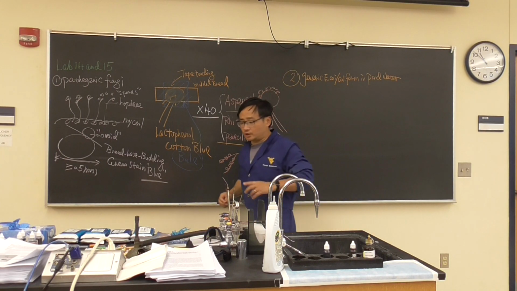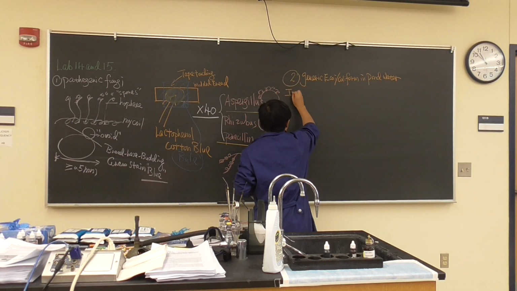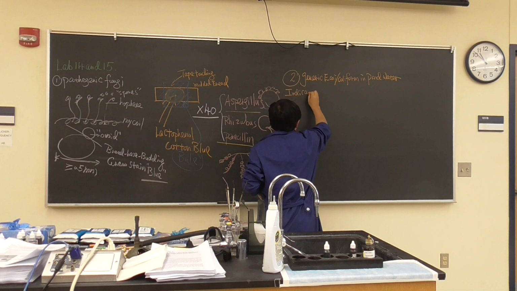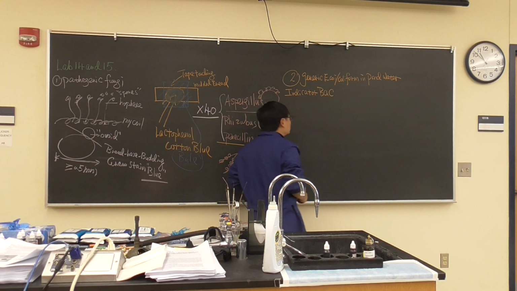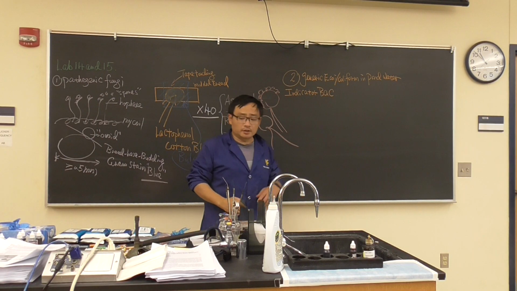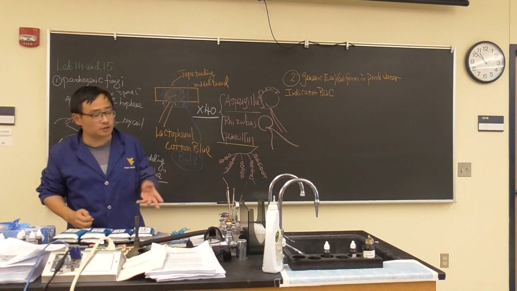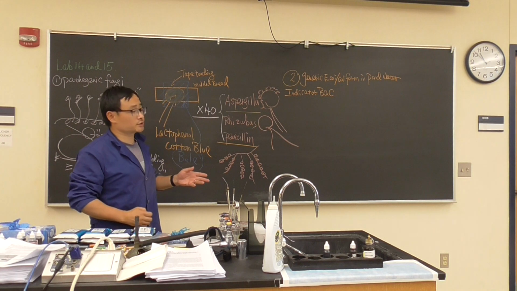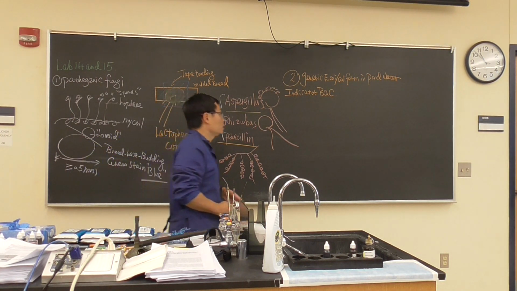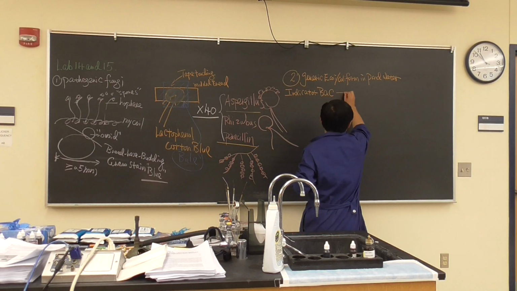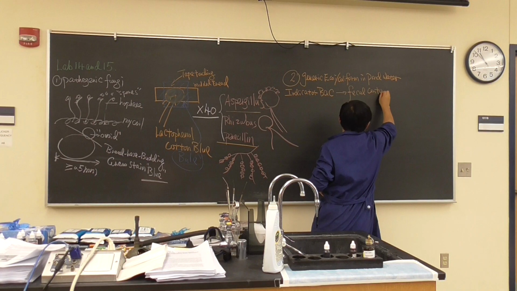So we want to talk about the first concept, the indicator bacteria. There is a certain bacteria in the sample from the pond water or from the drinking water. We call it index bacteria or indicator bacteria, which will tell us whether there is fecal contamination.